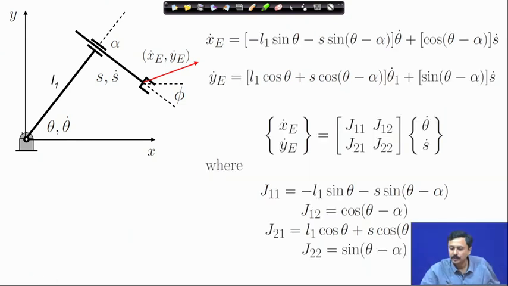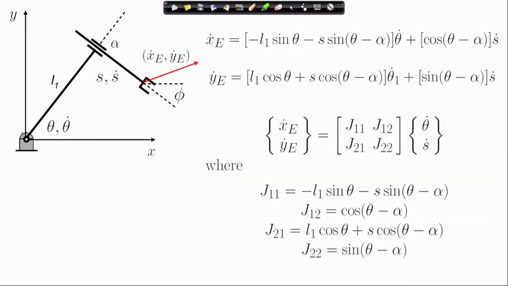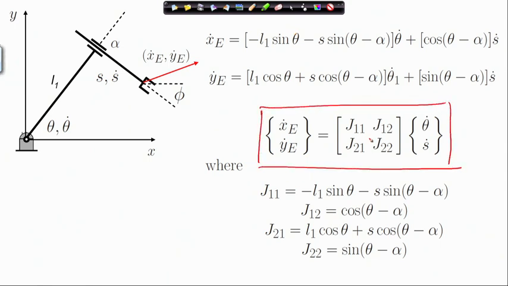So, just to give you a review of the previous discussions, we had these velocity relations of this form, where J11, J12, J21, J22 are the Jacobian elements. So, they are given here.